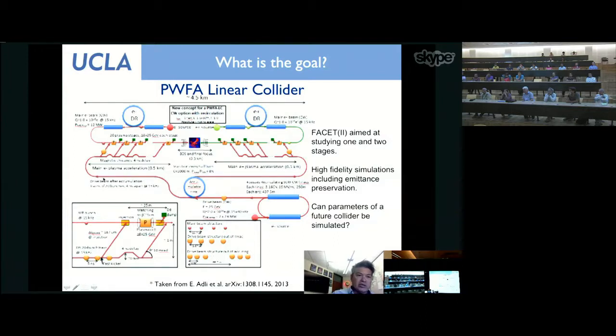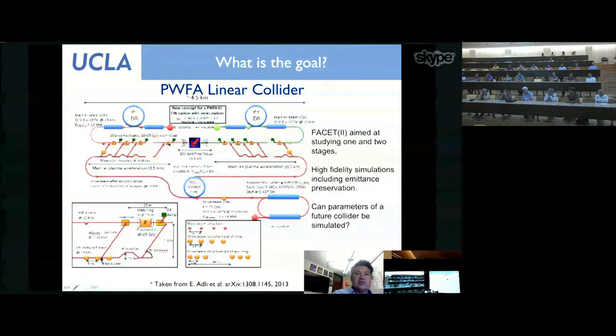Here, different drive bunches go into each of these stages, and they have to be synchronized so that this witness bunch can gain 25 GeV, be staged, and transported back to this one without its emittance or its energy spread changing, and without it going unstable.